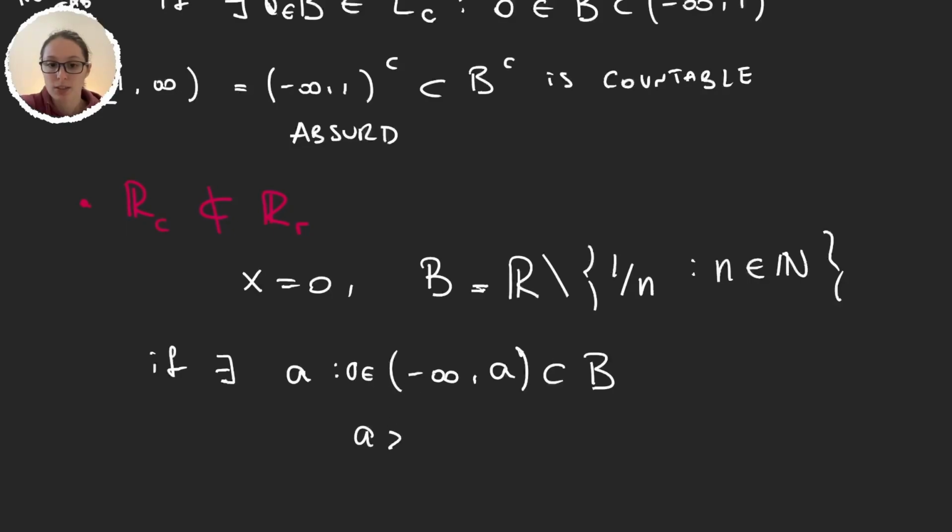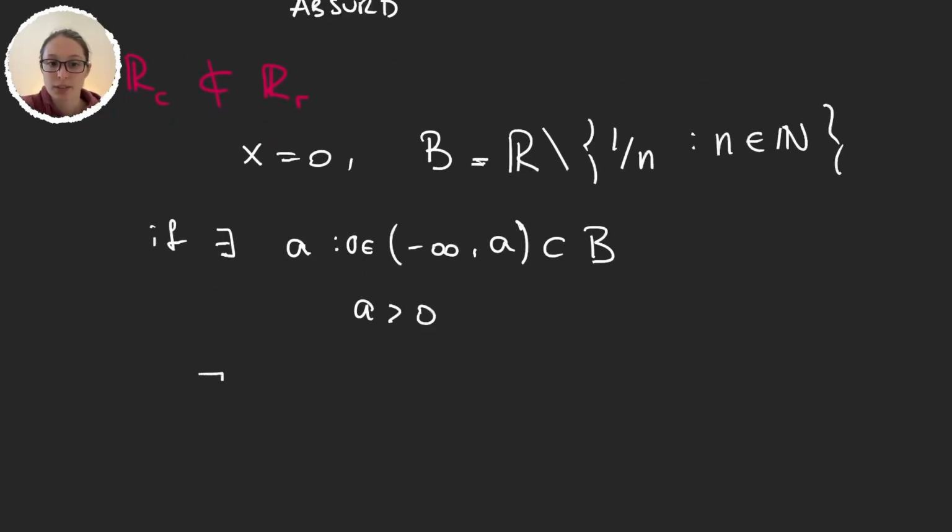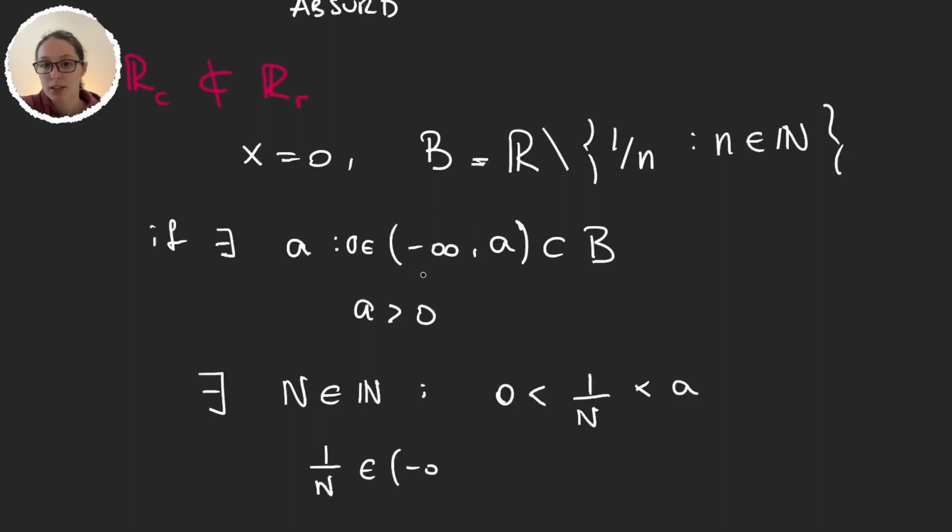So A is greater than 0. But if A is greater than 0, then there exists some natural number n such that 0 is smaller than 1 over n, smaller than A. And so this inclusion cannot happen because 1 over n is an element in (minus infinity, A), but 1 over n is not in B. So we cannot have this inclusion.